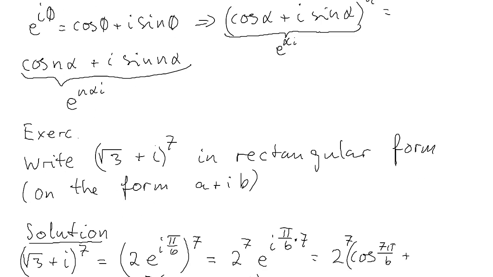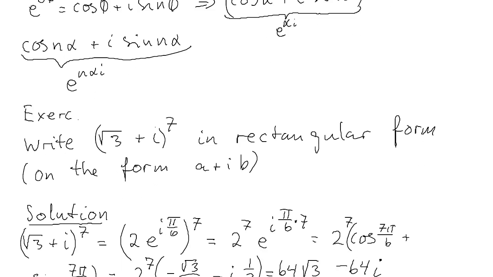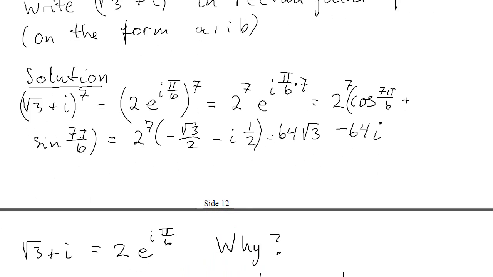So here is just some exercise to use this formula. Write this complex number, the square root of 3 plus i to the power of 7, in rectangular form. And the rectangular form is in this form. So how can we do this in the easiest way?